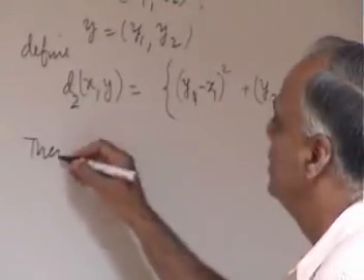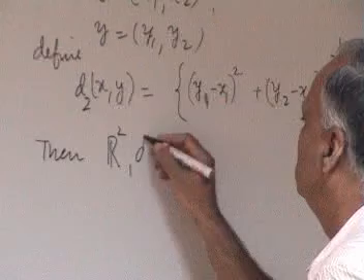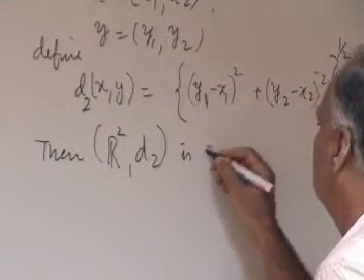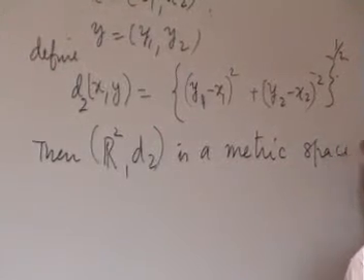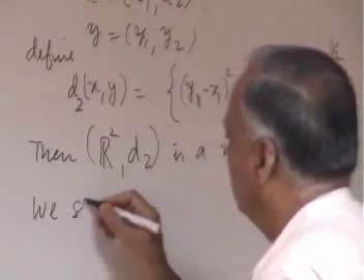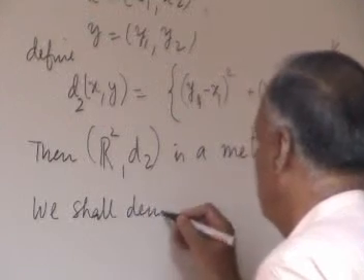Then R2, D2 is a metric space. We shall denote this by L2, from now on.